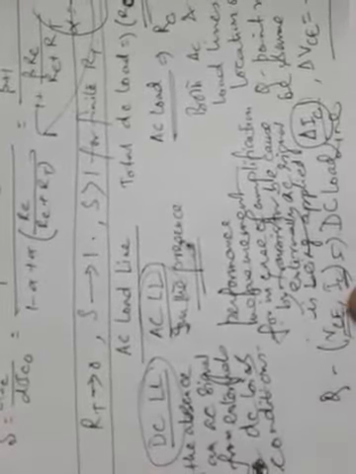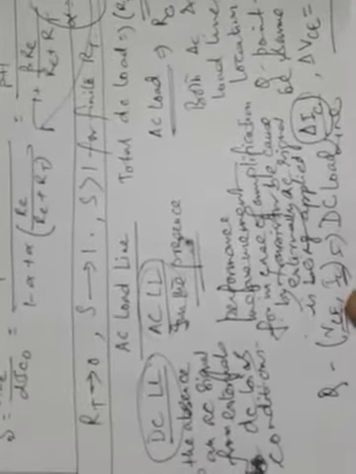Now you know to draw a line you need two points. For one point we already have the original Q, because for both the load lines the original location of the Q point will be the same. So one point to draw the AC load line is the original Q, which is this one, and we need another point to draw the load line, and that is found from here. We need to put del IC and del VC.